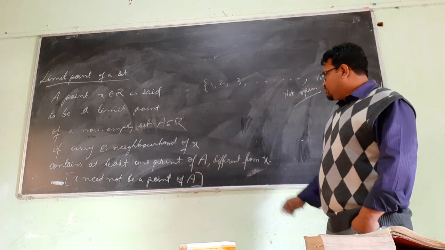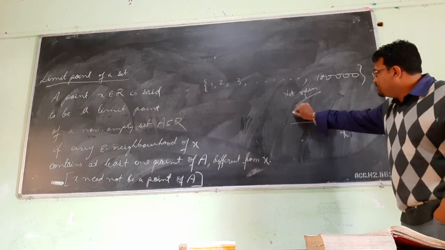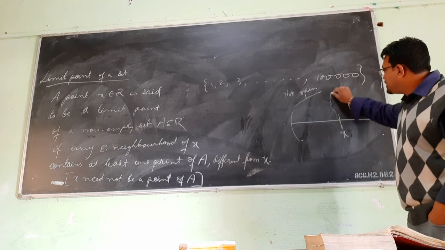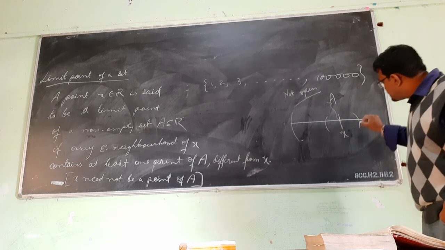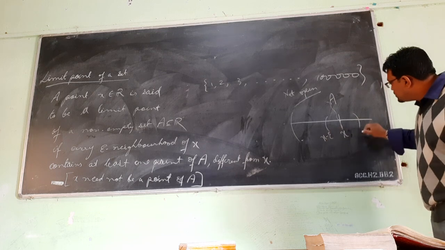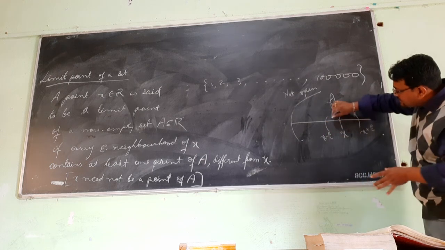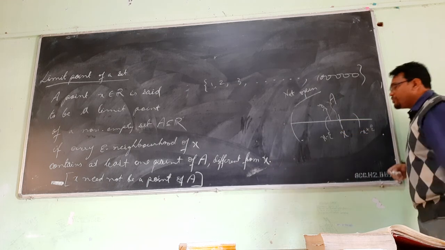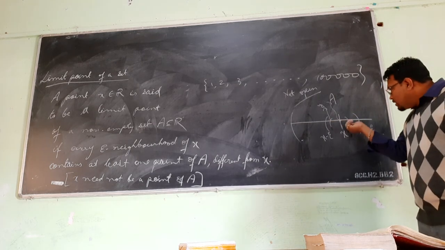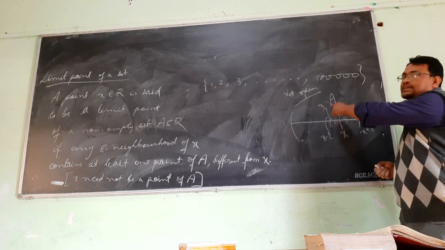Whenever you draw a neighborhood, x minus epsilon to x plus epsilon, it will contain some point of A other than x. Whatever open interval you draw, you will always end up with some point inside the set A.